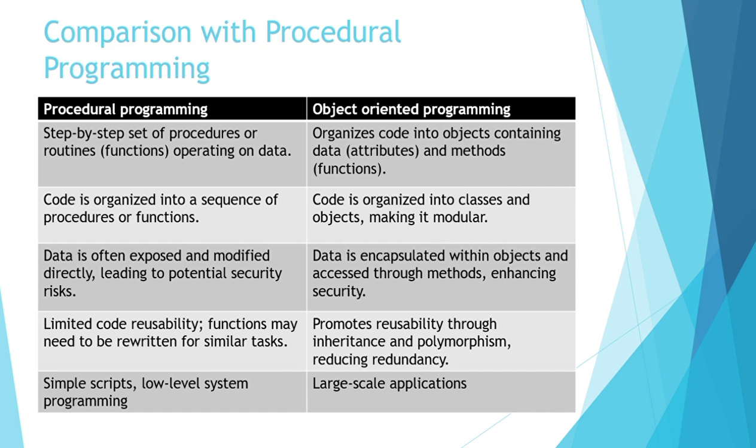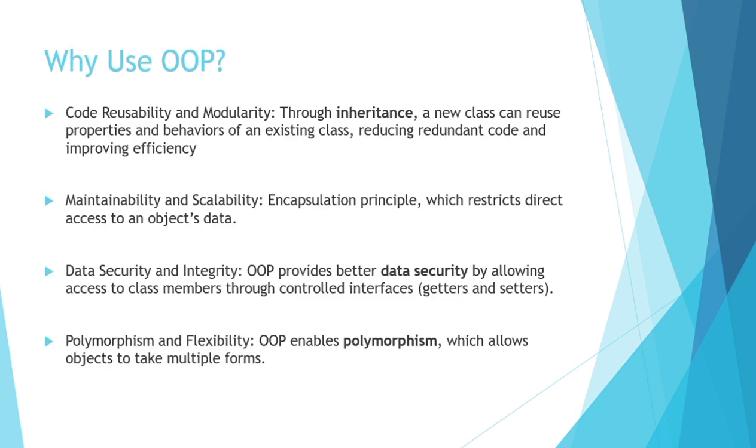Let's discuss why object-oriented programming is used. Code reusability and modularity. Object-oriented programming promotes code reusability and modularity through inheritance, a mechanism where a new class (subclass) can inherit properties and behaviors from an existing class (superclass). This eliminates the need to rewrite code for similar functionalities, reducing redundancy and making the program more efficient.